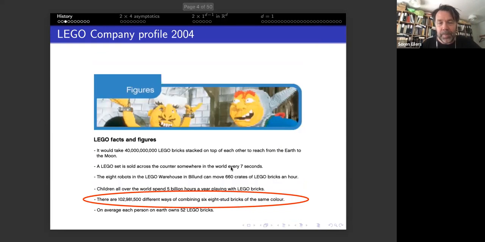Okay, so then what happened was I forgot about it for a couple of years, but then I have a friend who is in the advertisement business, and he works for another Danish company that produces, not as well known as Lego, but fairly well known. It's called Montana.